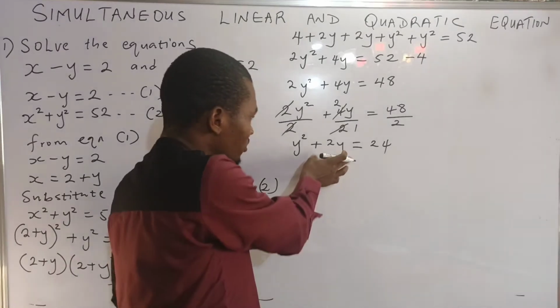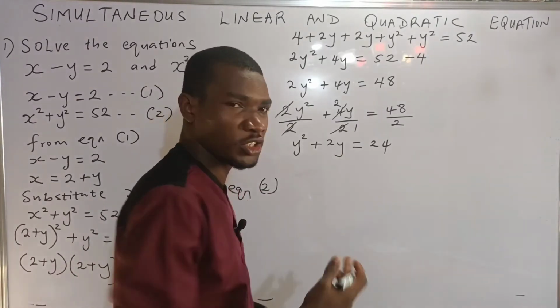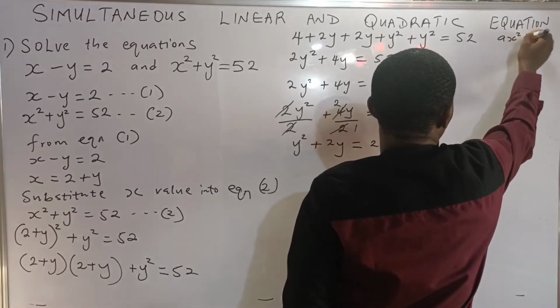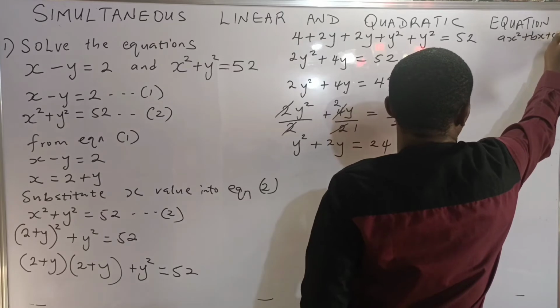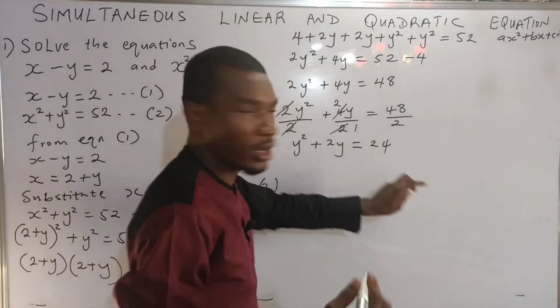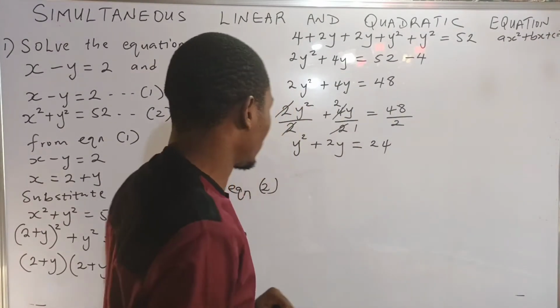Let's then arrange this equation to suit our quadratic function. Remember, a quadratic equation is an equation of the form ax raised to the power of 2 plus bx plus c equal to 0. So let's also put this equation in the same form as this general form of the quadratic equation.